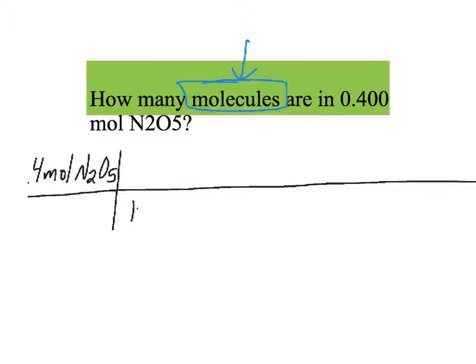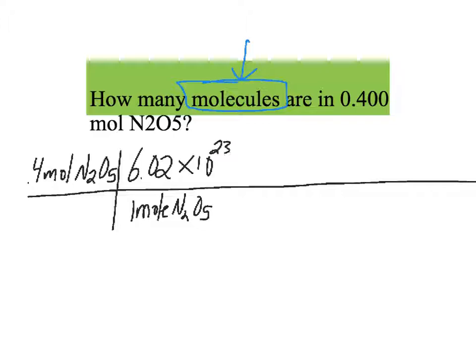So for every 1 mole of N2O5, I'm going to have 6.02 times 10 to the 23rd molecules. A mole can be all the representative particles, so in this case, molecules of N2O5.